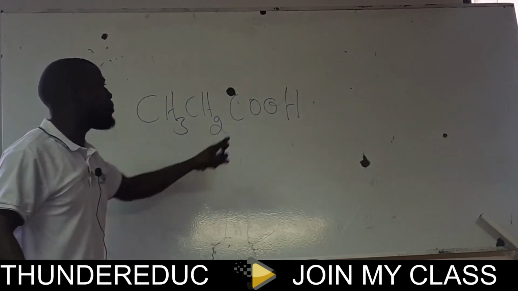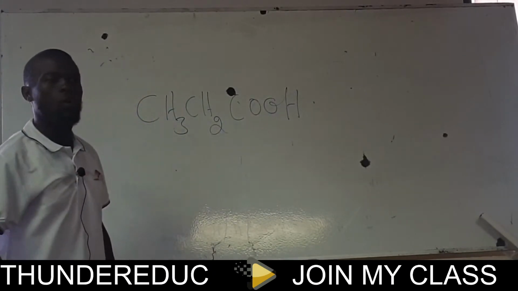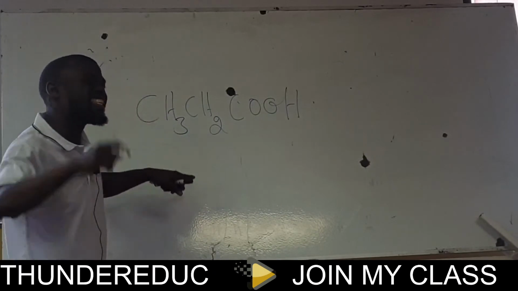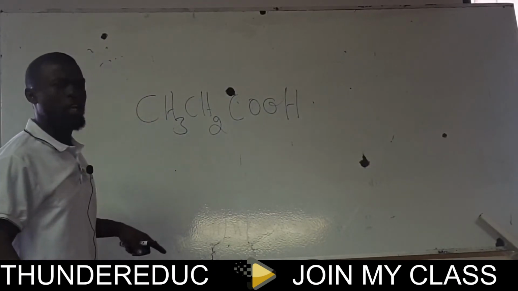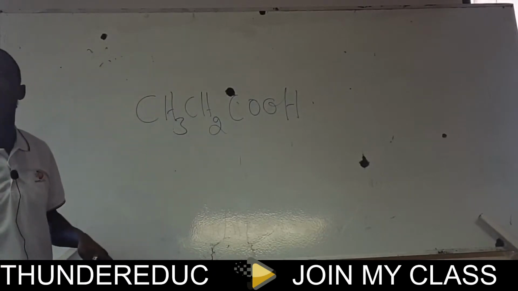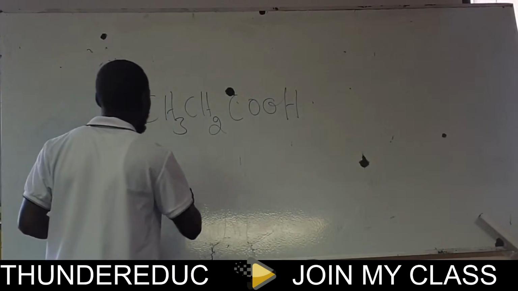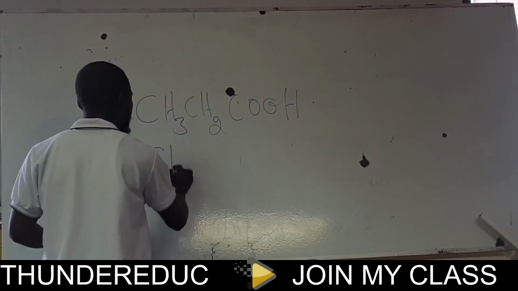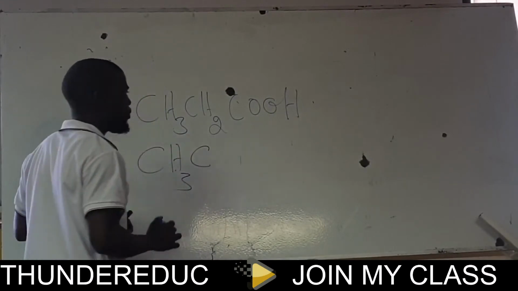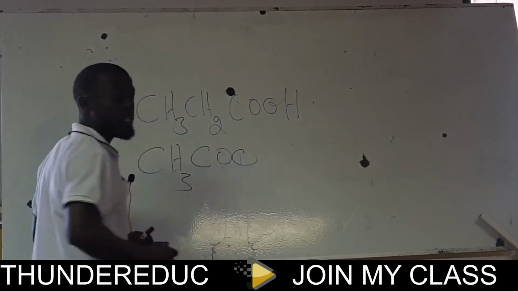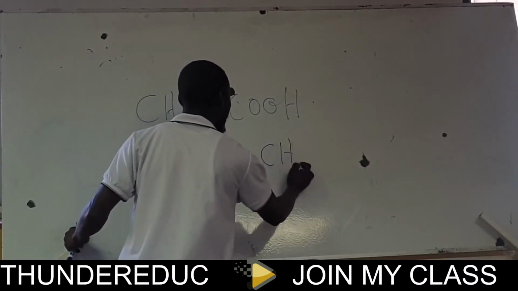Now, if I want to make it an ester, I have to put the functional group in the middle. But you'll find out that it has the same number of carbons and the same number of hydrogens. Therefore, it becomes a functional isomer. For example, CH3COOCH3, I'm making it an ester.